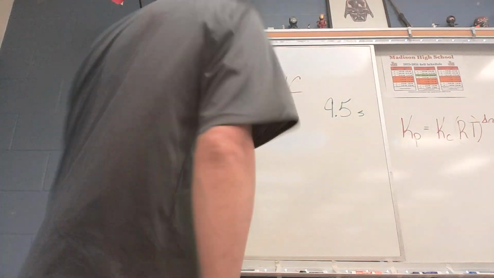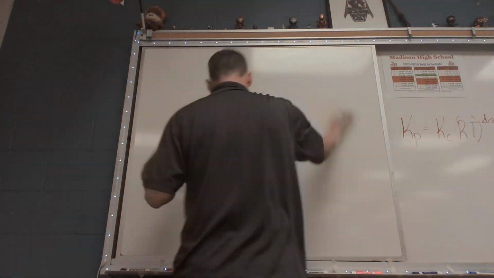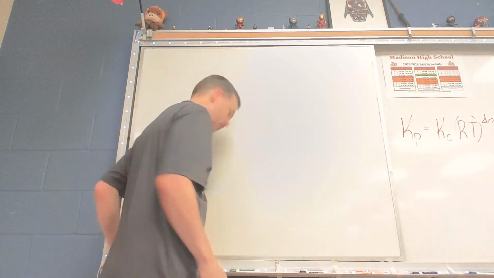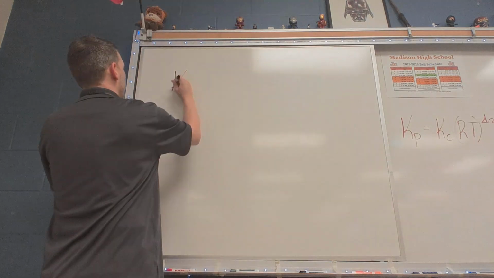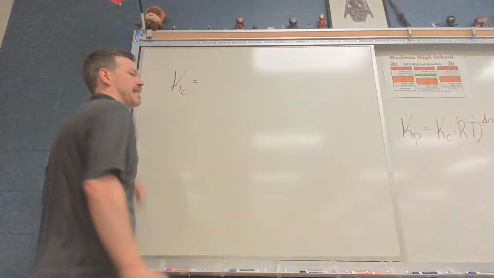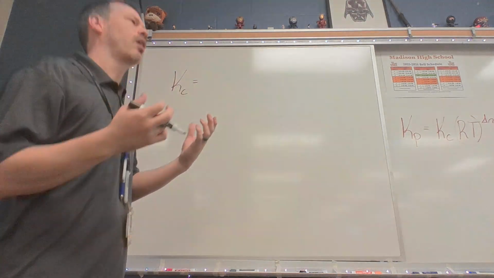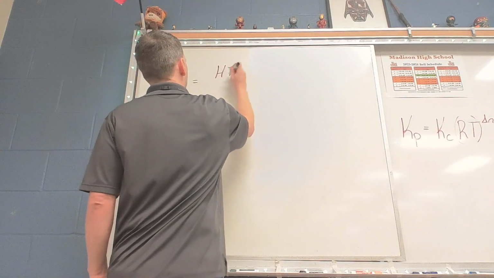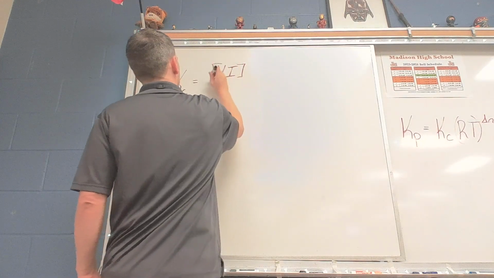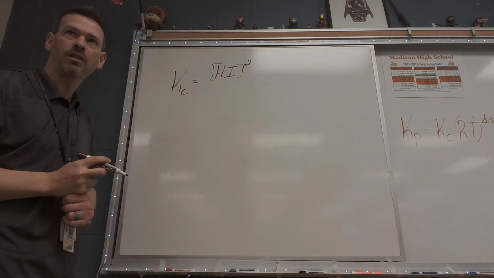Let's start with what's called an unsubstituted equation. Here's what I mean. We want to find Kc, but instead of putting in the numbers, I'm going to show what the substances are. So up top goes the product raised to the power of its coefficient.